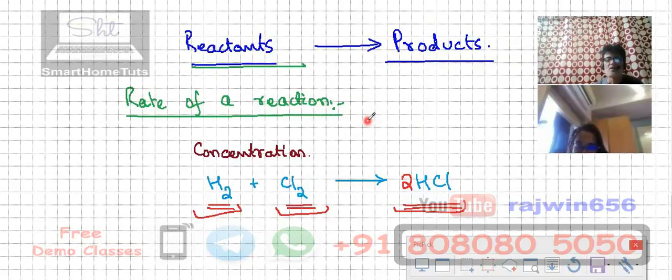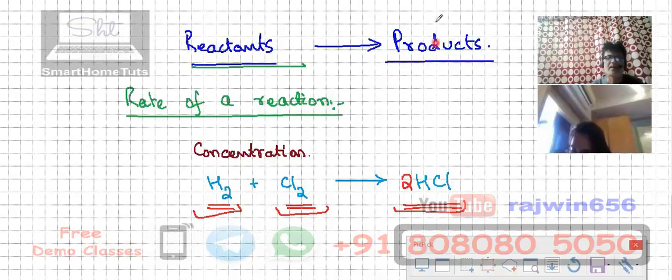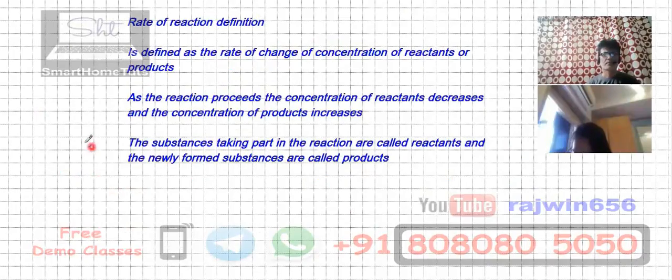Okay, so we'll note down this definition, you will copy it down, and then we'll come to the factors affecting the rate of reaction. Okay, so this is the definition of rate of reaction. It is defined as the rate of change of concentration of reactants or products.